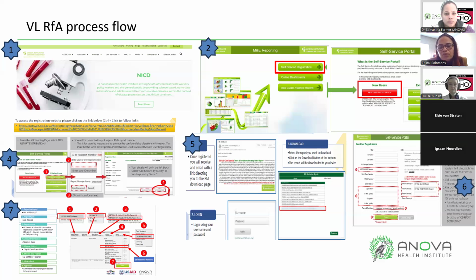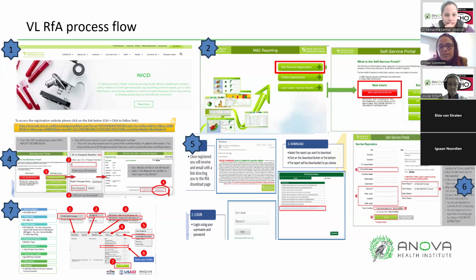As a new user you have to go through the process, because it requires some personal information, the SANC number if you're a nurse, and for doctors your registration number. Once you've completed that step, you can go on to choose which reports you would like.